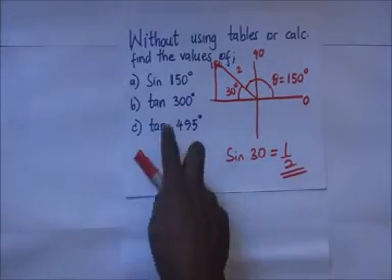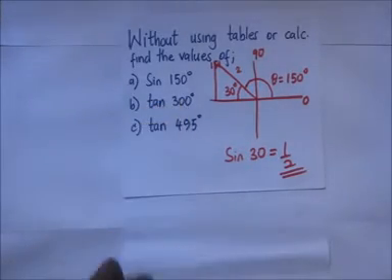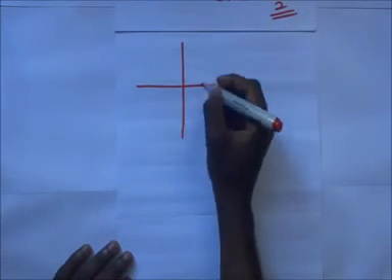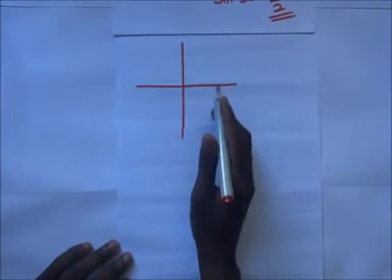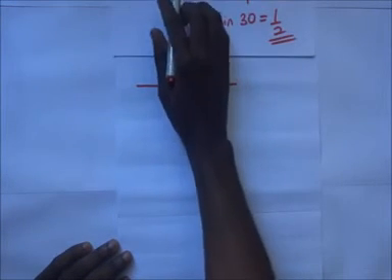To find the tangent of 300, we need to first find out which quadrant tan 300 lies in. So again, we are going to draw our grid, our unit circle.